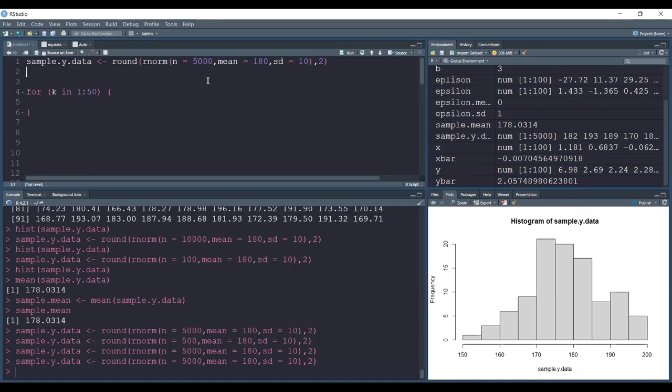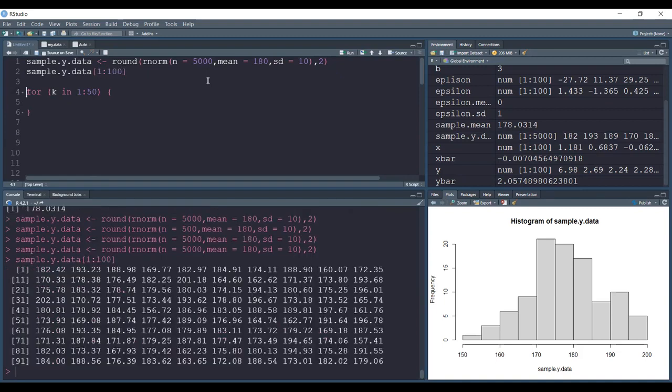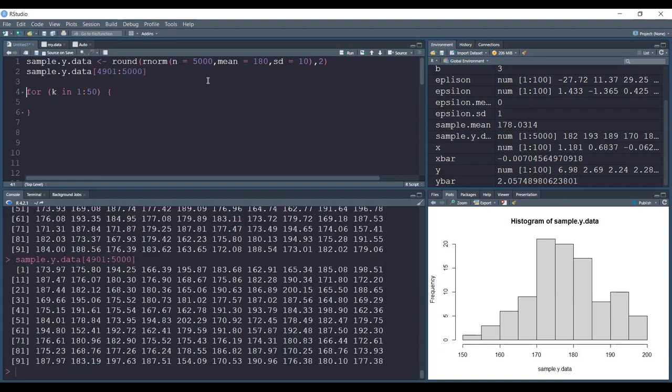If I wanted only the first 100, wouldn't I say, what's the notation? What's the syntax? This is the syntax, right? And if I wanted the last 100, wouldn't I say 4901 up to 5,000? Like this. That's the last 100, correct?